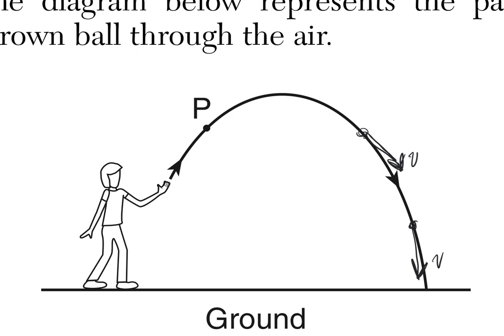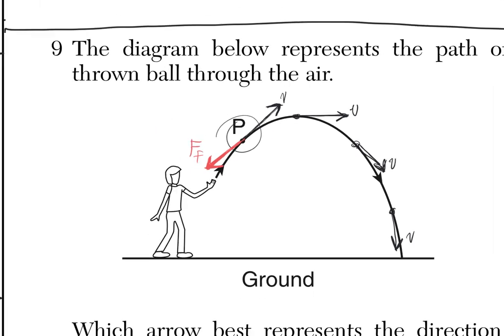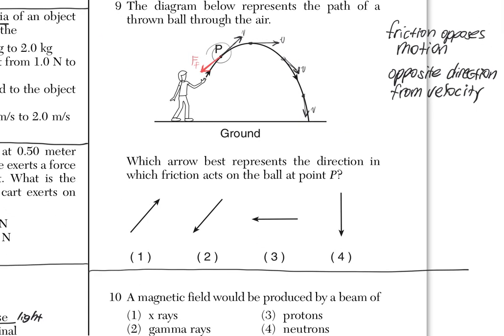At this point here, it's going towards the ground, and up here at the highest point, it's straight forward. But it's not asking what's the direction of the velocity, it's asking what's the direction of the friction force, which is opposing the velocity. There's the friction. So the direction for friction would therefore be choice 2.